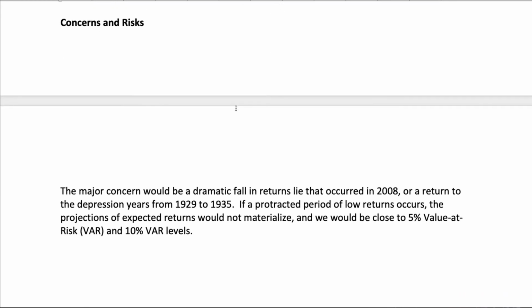All right, concerns and risks. Here I listed the major concern would be a dramatic fall in returns that occur in 2008 or like the Depression years in 29 to 35. And again, a protracted period of low returns could occur, and that would cause our VARs to be close to the 5 and 10% levels.